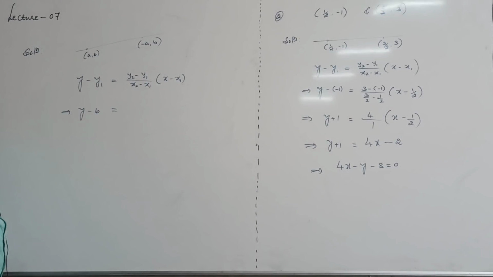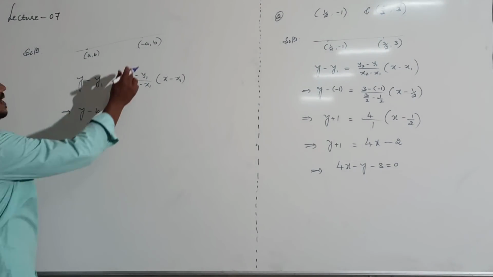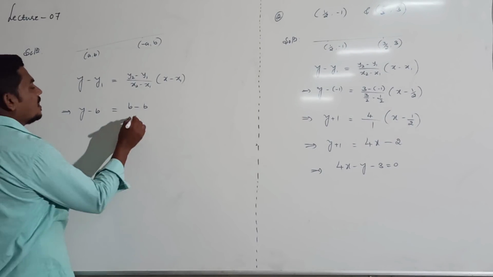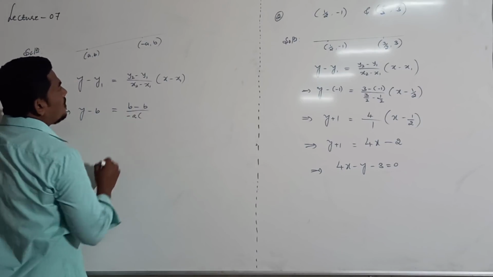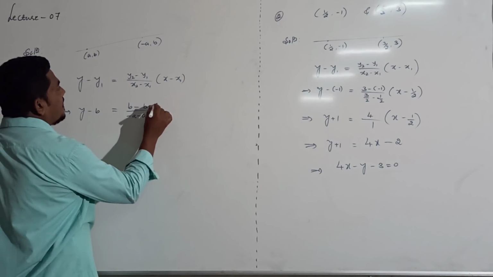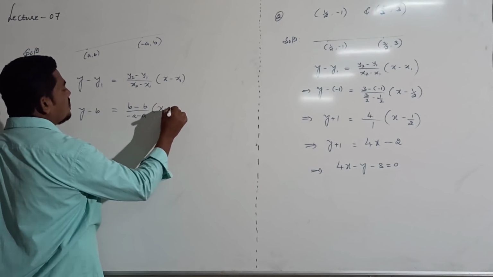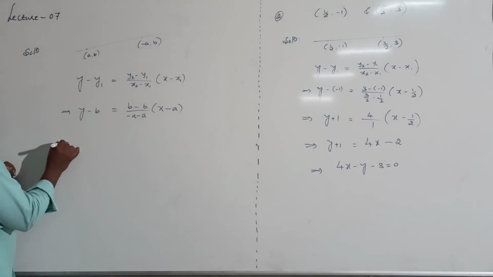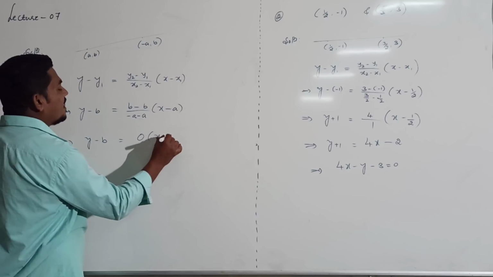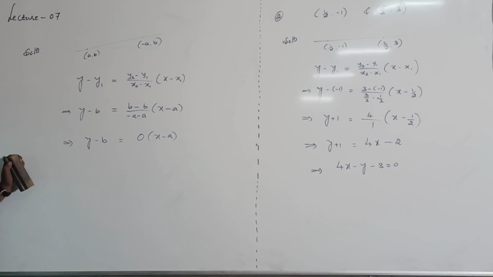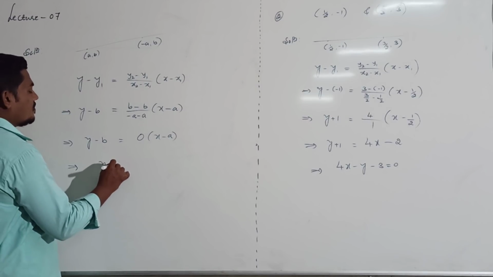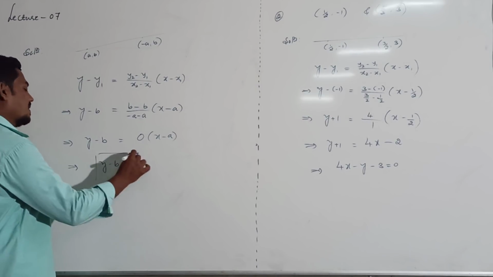That's y minus b equal to y2 minus y1, that is b minus b, divided by minus a minus a, into x minus x1, x minus a. Then y minus b is equal to 0 into x minus a, because b minus b gives 0, and 0 into any value is 0 only. So y minus b equal to 0 is our required equation.